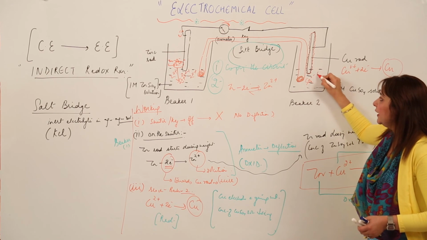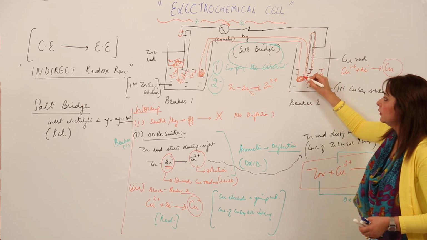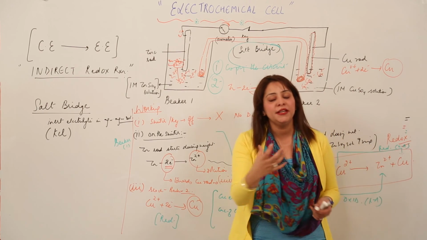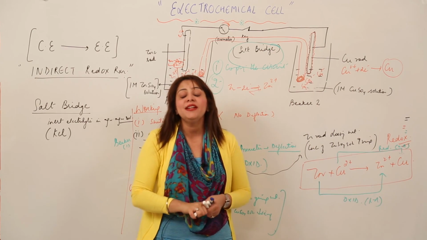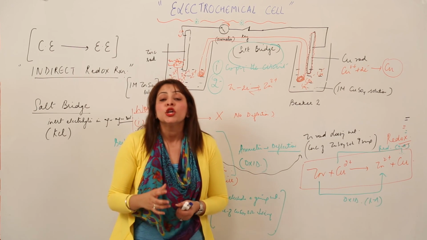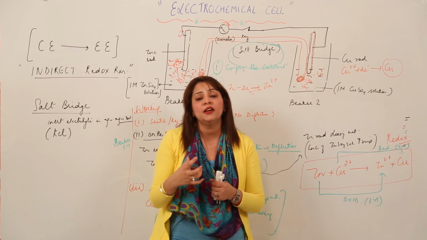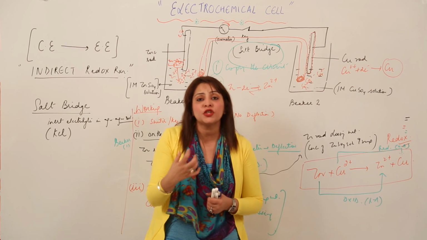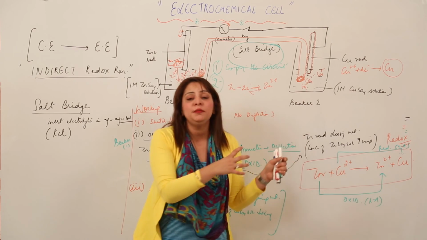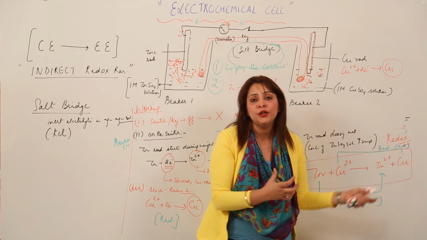So there are many sulfate ions which surround the copper rod. As you can see, the sulfate ions are negatively charged ions. So they will repel the negative charge from coming. So if less negative charge is coming, how will the copper get reduced, right?